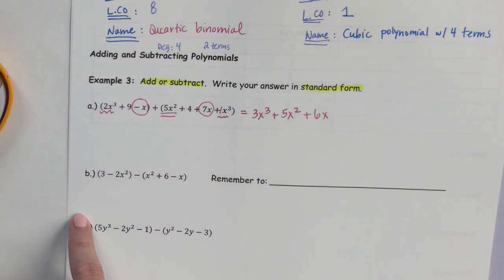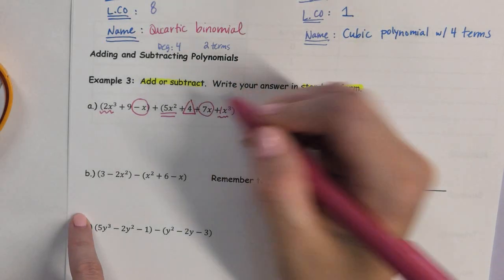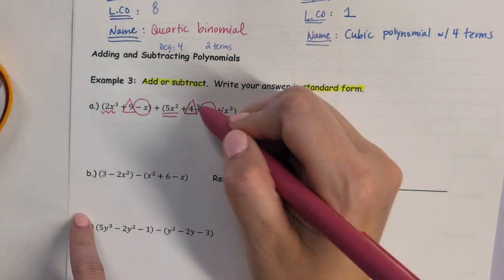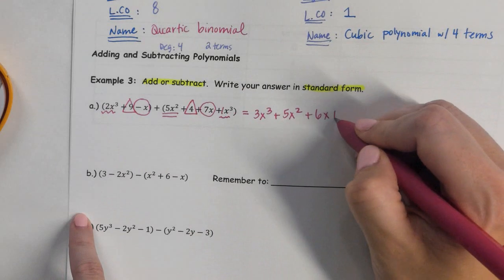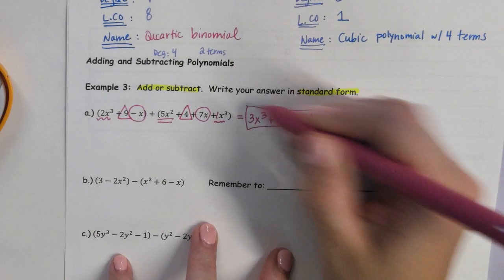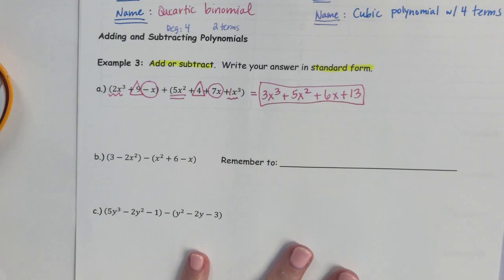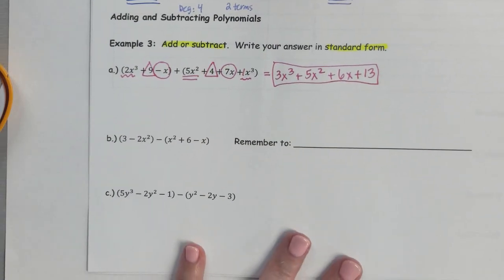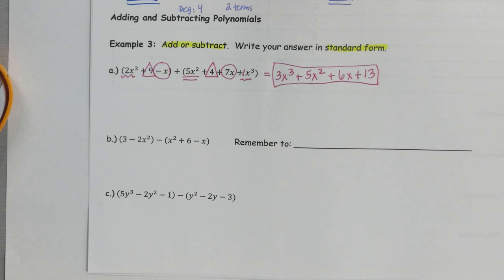What do you think, should we put some triangles in this mix? You like the different shapes? Okay, and then there's your final answer. So you're just combining your like terms. Now with the negatives, what do you have to remember to do?